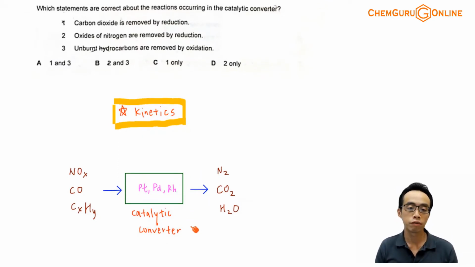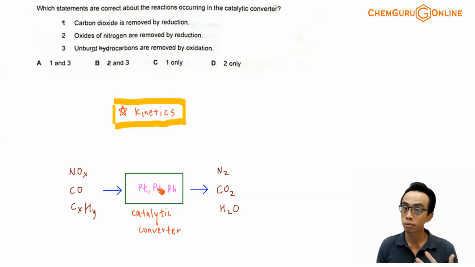Some examples of transition metals that can be used are platinum, palladium, and rhodium. When all these gases, which are harmful to the environment, are emitted in the car exhaust, we want to pass them through the catalytic converter and convert them into less harmful gases.